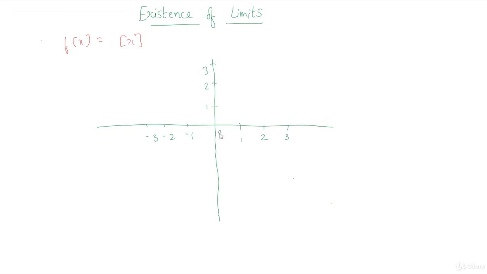From values of x from 0 to 1, the value of greatest integer x will be equal to 0. We will be making it open at x equal to 1. Similarly, from 1 to 2 and from 2 to 3. So this is the graph for f of x equal to greatest integer x.